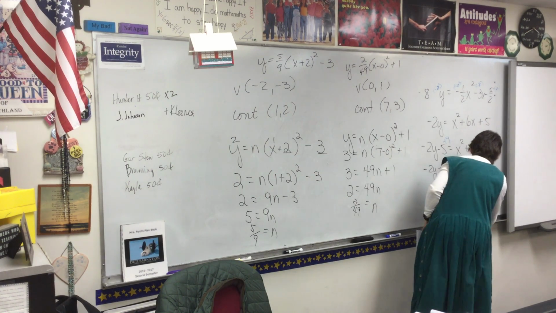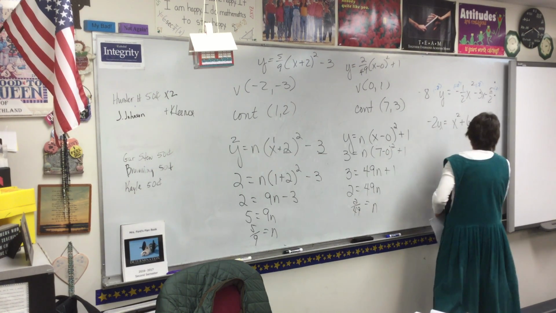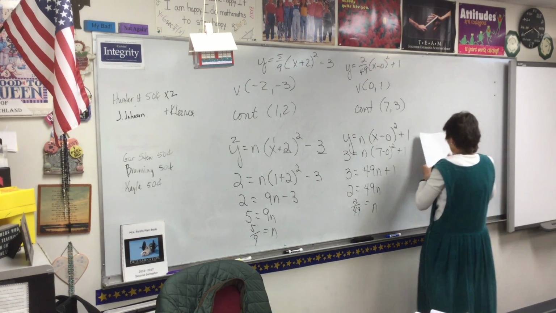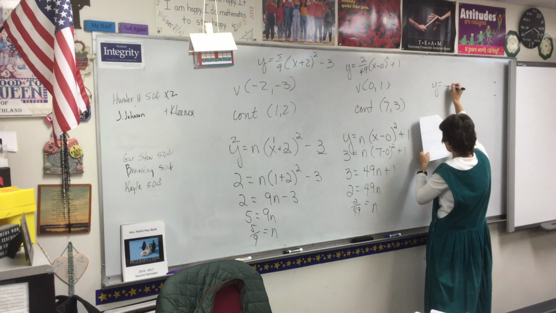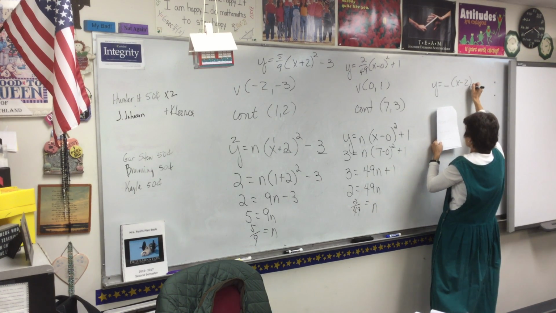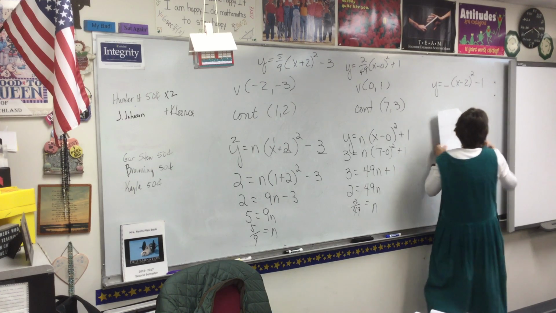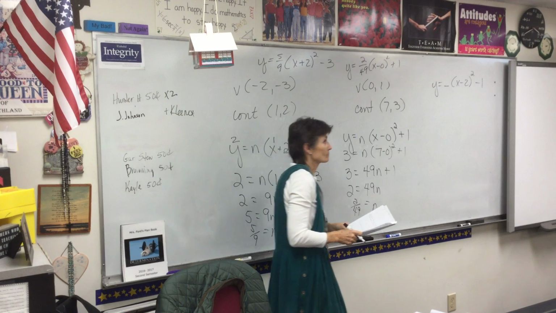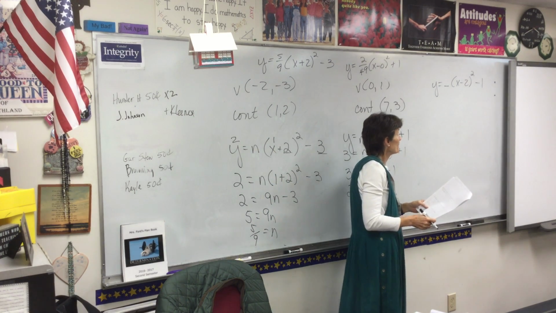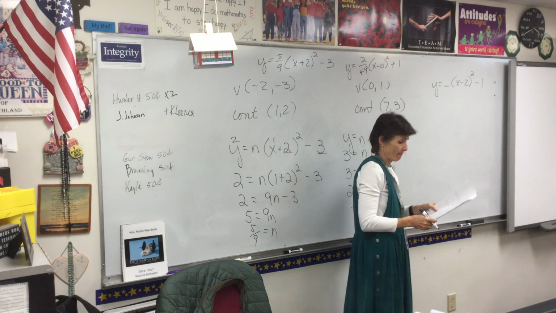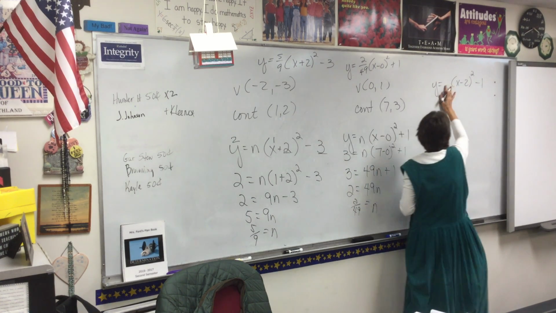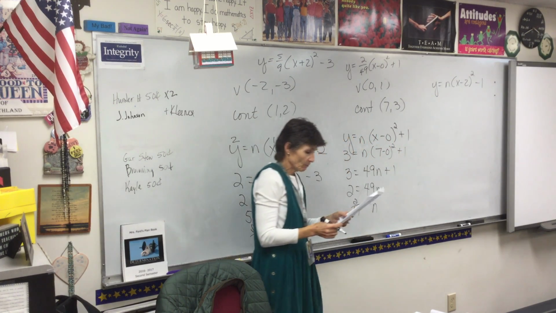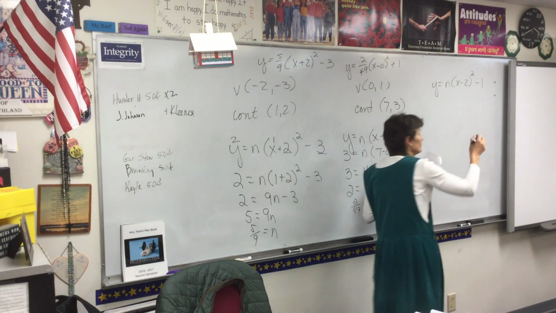One more and we're done. X minus 2 squared minus 1. Can I start like that with a vertex like they gave me? Is that okay? Does that give me a vertex of 2, -1? I don't know what this number is. I'll call it n. But I will figure it out by doing what?